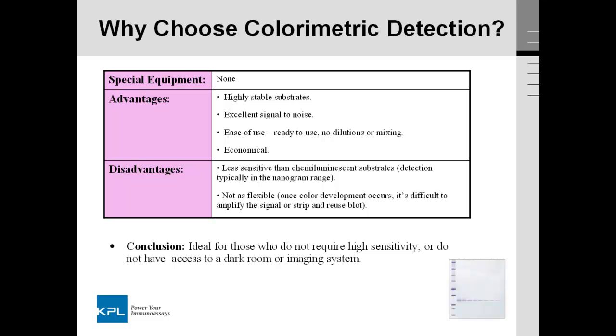Your detection will be in the nanogram range. And they're also not as flexible as chemiluminescent substrates or fluorescent techniques. Once your color development occurs, it's difficult to amplify the signal or strip and reuse the blot. In conclusion, colorimetric detection would be ideal for those who do not require high sensitivity or do not have access to a darkroom or imaging system.